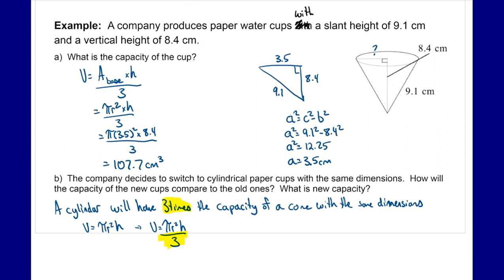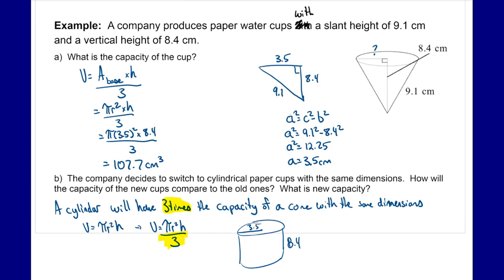So if I have a cylinder with these same dimensions, right? A height of 8.4, it would have a radius of 3.5. It wouldn't have a slant height.